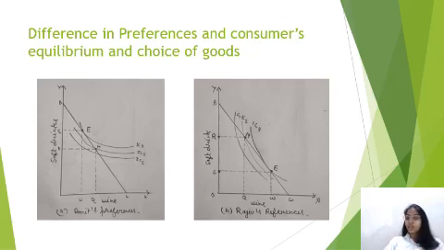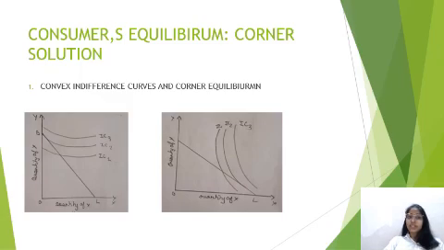The next one is consumer equilibrium corner solution. The first one is a convex indifference curve and corner equilibrium. This curve shows a convex indifference curve, and the second one is a corner equilibrium. You can see this.